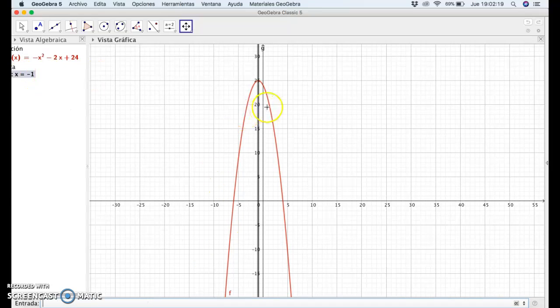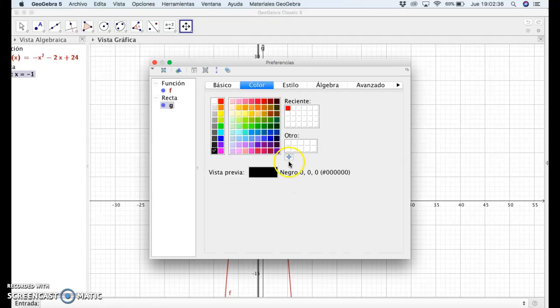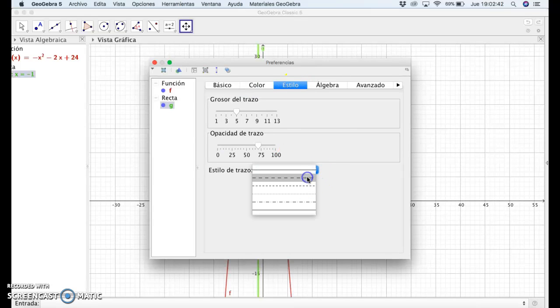And here you have it. We have our axis of symmetry, and at this point, the maximum point of the graph, we have our vertex. I'll change this color so we can recognize it from the other ones.